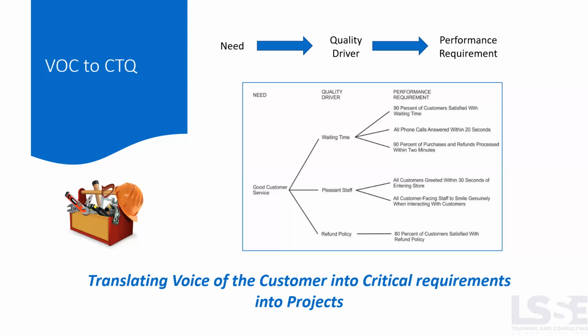Maybe from a refund policy, your performance requirement could be 80% of your customers are satisfied with your refund policy. So there are a lot of quality drivers in a specific situation. The thing is, you need to talk to your customer to identify what really drives the satisfaction of your customer.